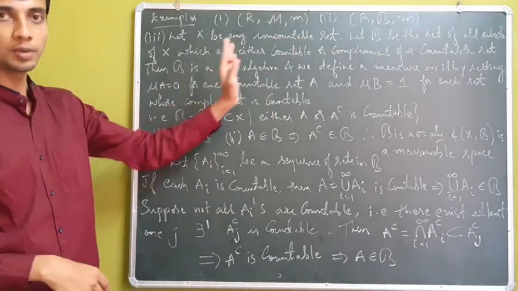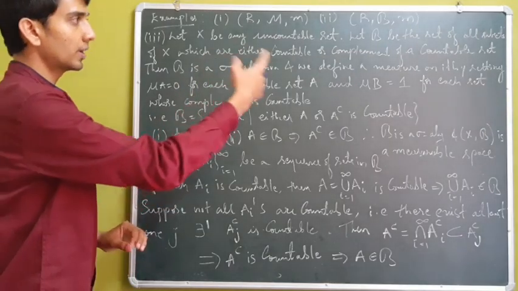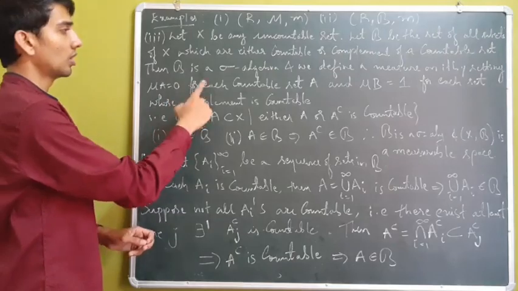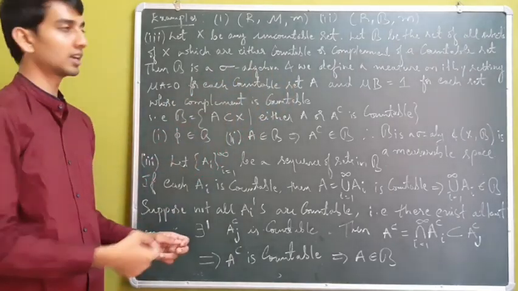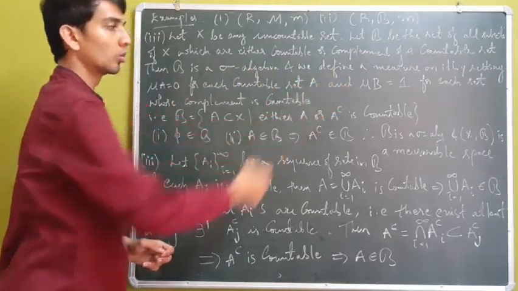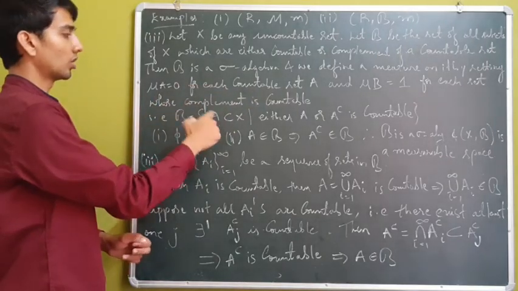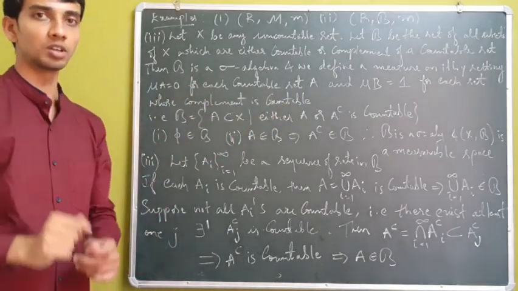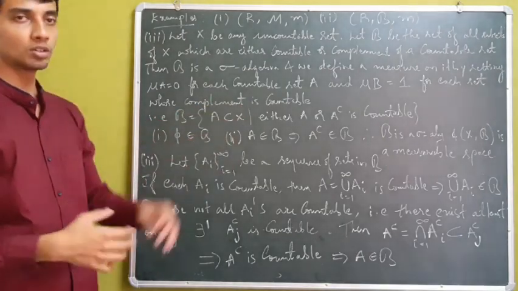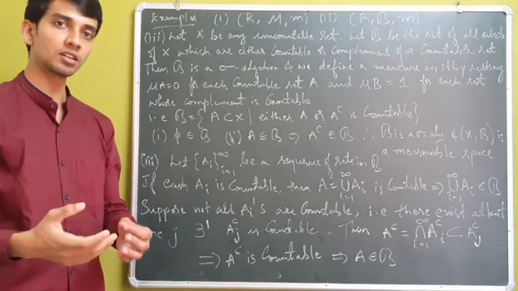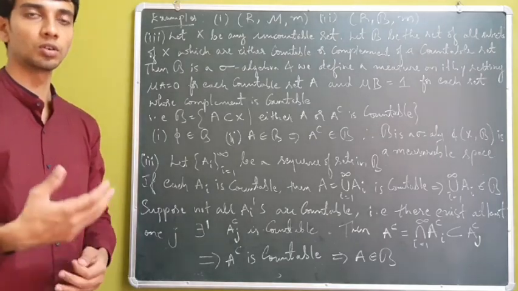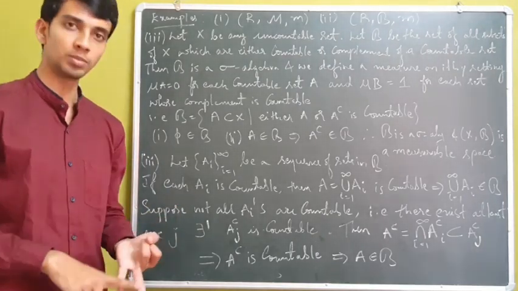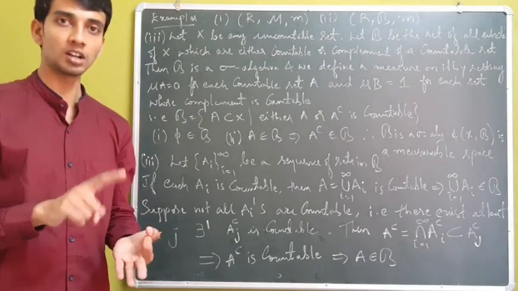Then B is a sigma algebra, and we define a measure on it by setting mu of A equal to 0 for each countable set and mu of A equal to 1 for each set whose complement is countable. So what we are trying to do here is construct a measure space. To construct a measure space, I need a set X, a sigma algebra B, and a measure mu.